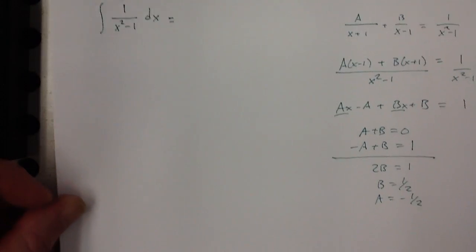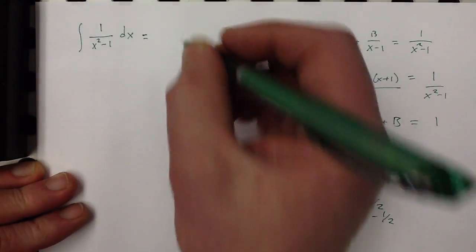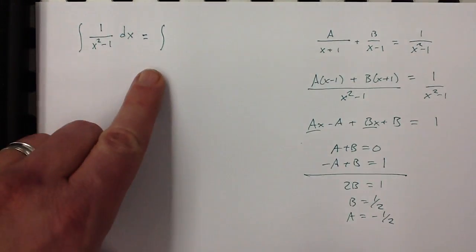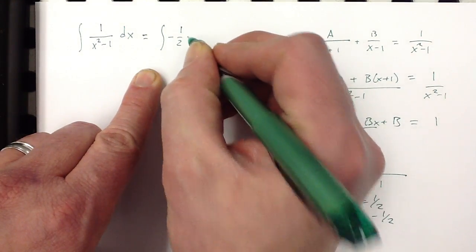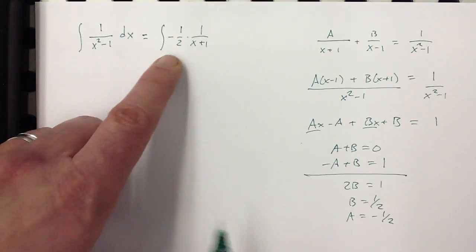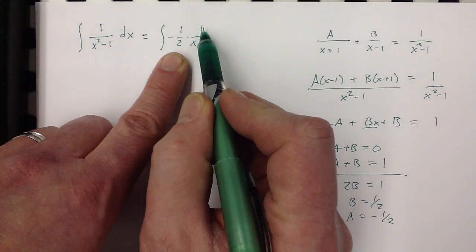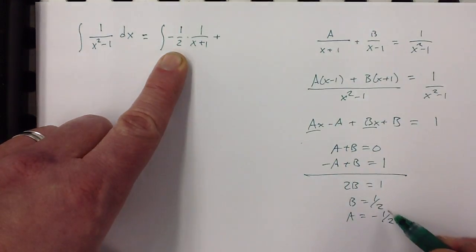So, now that I have those values for a and b, I can go back and rewrite my original integral as minus 1/2 times 1 over x plus 1. I like it better like this than having the 1/2 on top of the fraction, but you could write it like that. I think it's just a little more confusing.